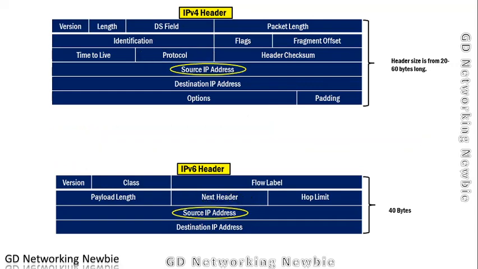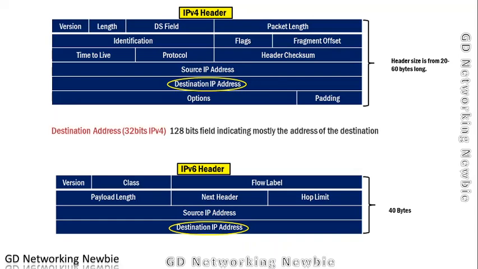And then, of course, the well-known source IP address. In IPv4, we have 32 bits, and in IPv6, we have 128 bits. This is one of the most important differences between IPv4 and IPv6, because in IPv4 we have only 32 bits.